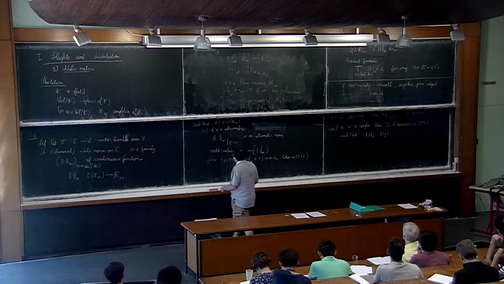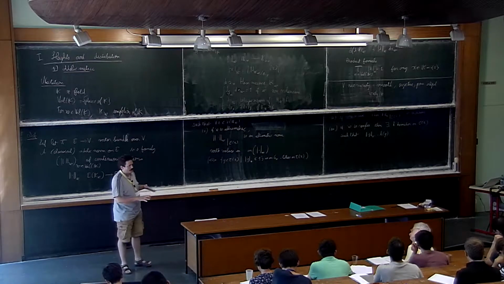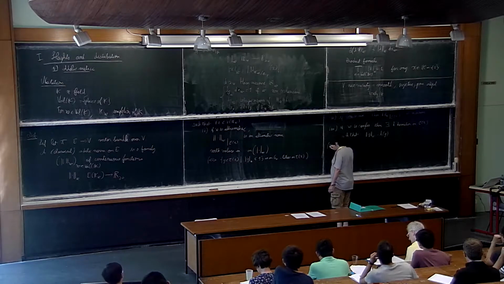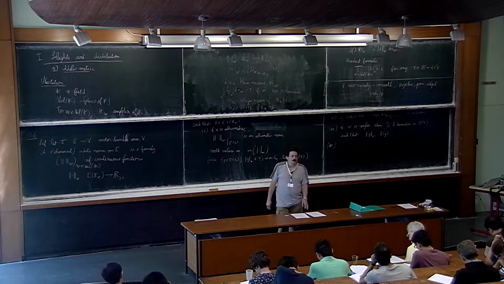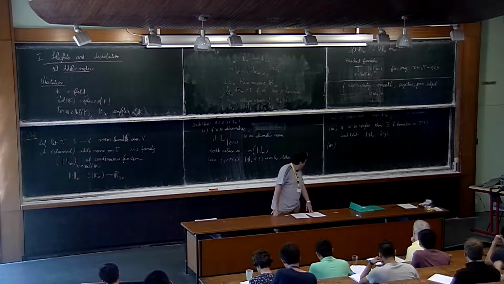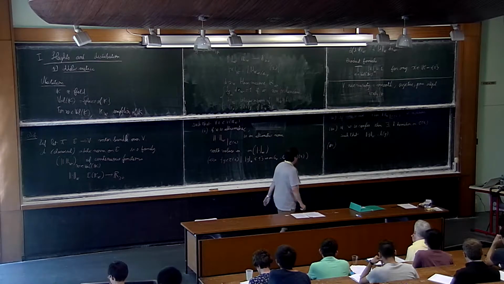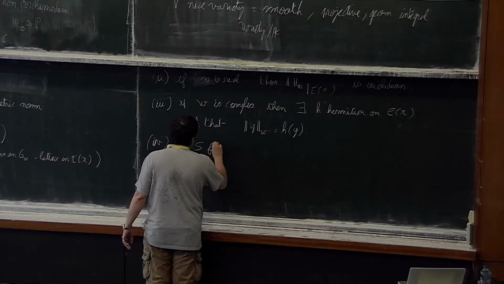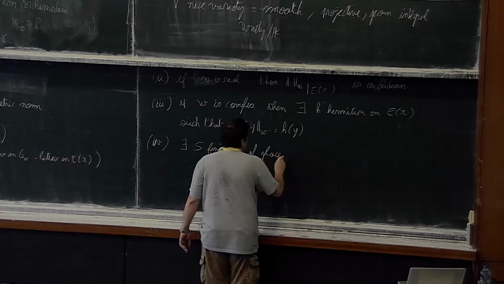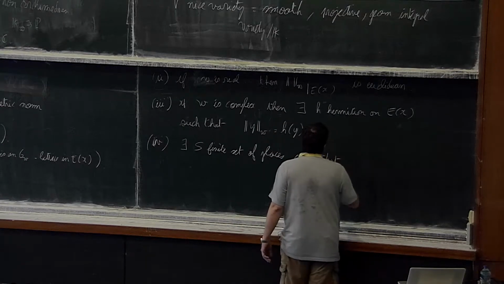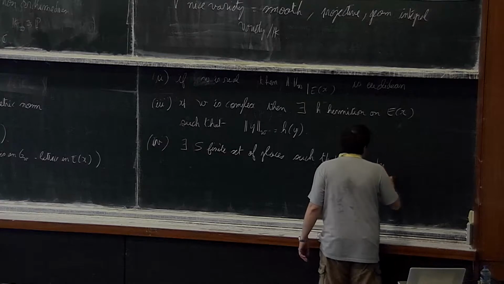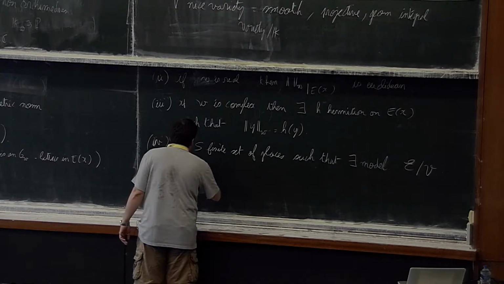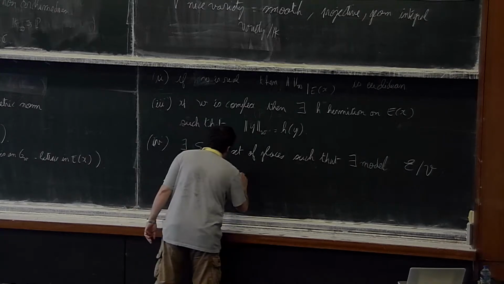Right. So on the last condition, okay, now everything is independent over all places. So of course, this gives too much freedom. So there is a last condition which says that for almost all places, this norm is given by a model of E on V. So there exists S, a finite set of places, such that there exists a model 𝓔 over V of E over V over O_S.